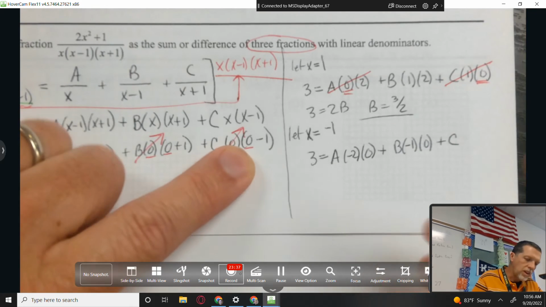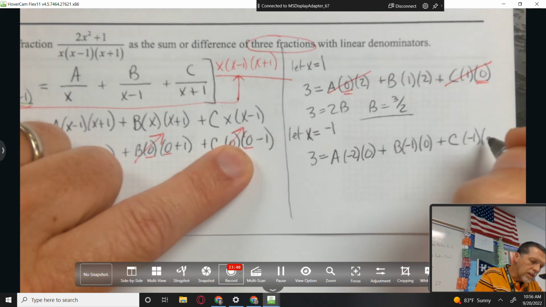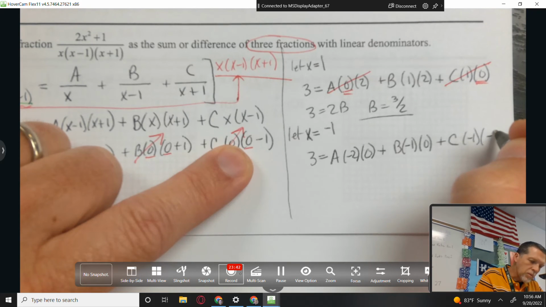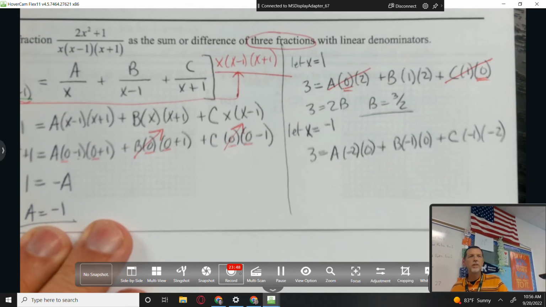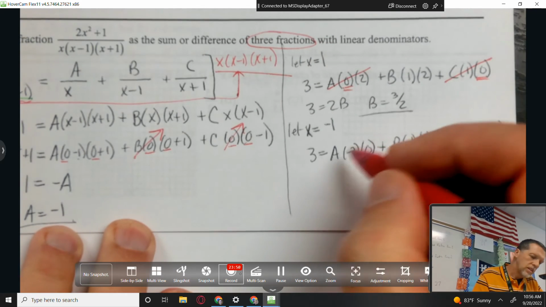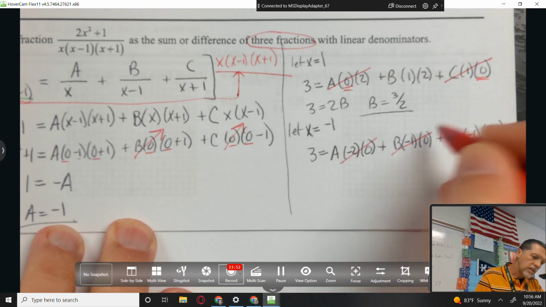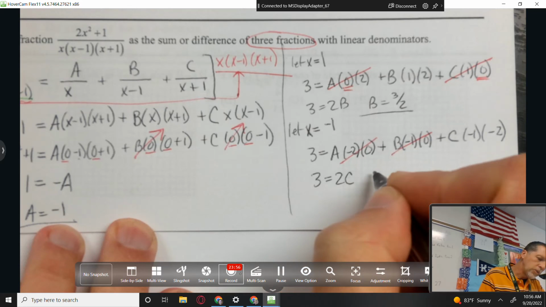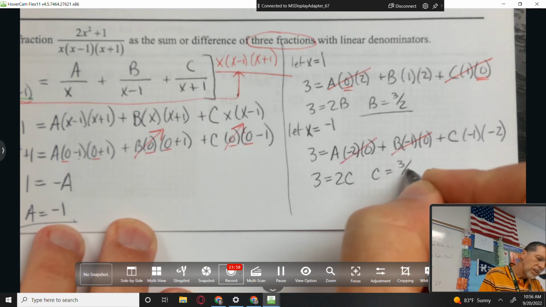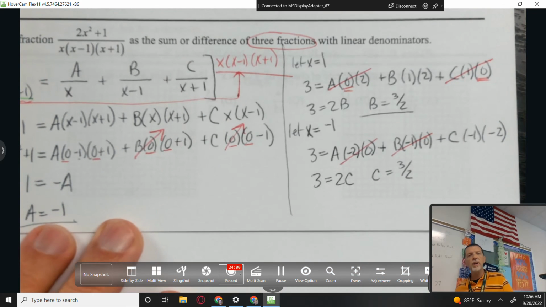Plus C times -1 times -2. Yeah, -1 minus 1 is -2. Cross out the 0 stuff. 3 equals 2c. So c also equals 3/2.